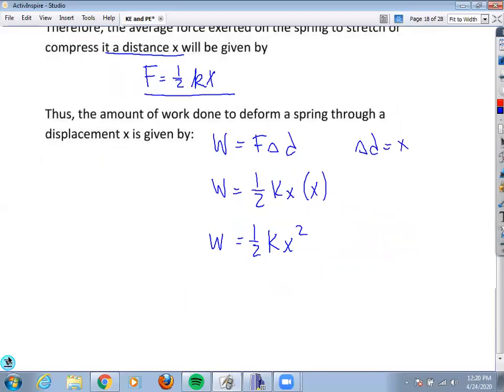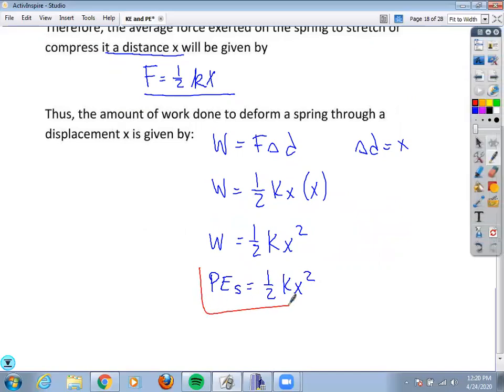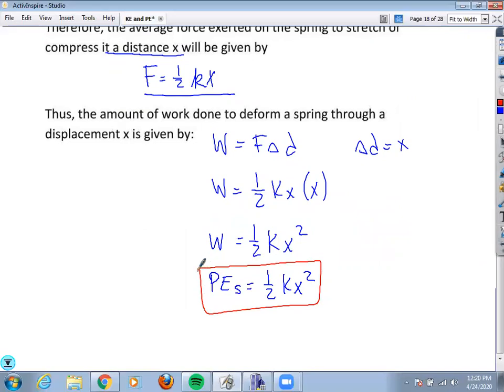That energy is stored or released from the spring, which we call elastic potential energy. So the amount of elastic potential energy equals 1/2 times kx squared. And that would be another important formula. So we've covered off kinetic energy, gravitational energy, and elastic energy.